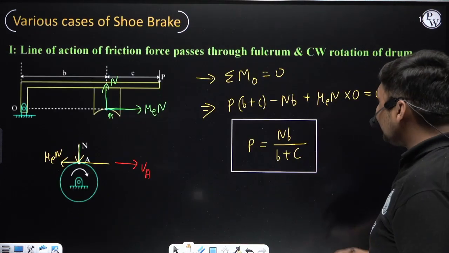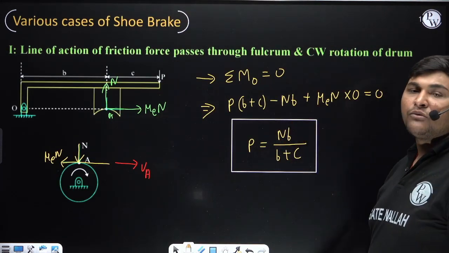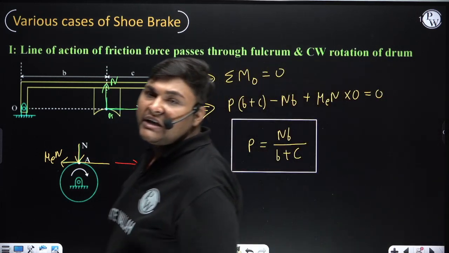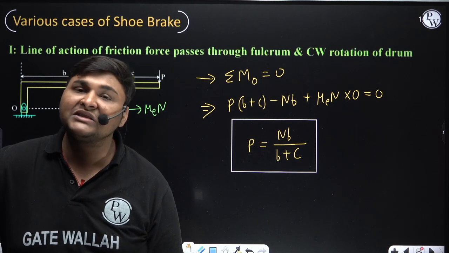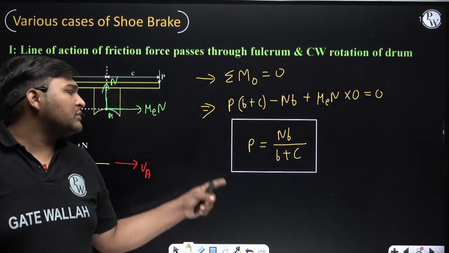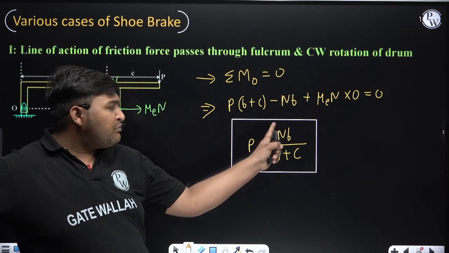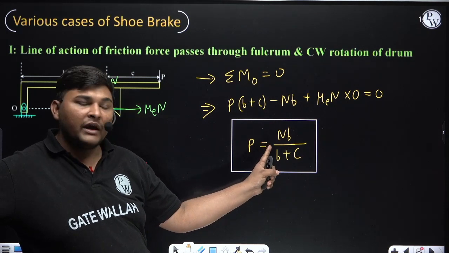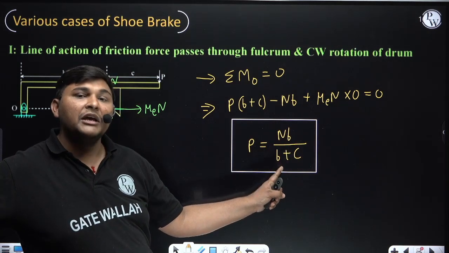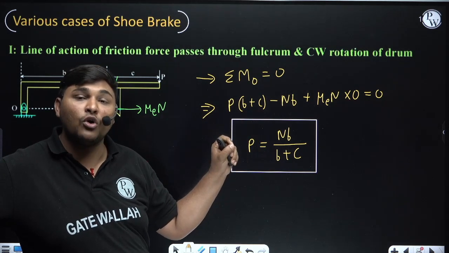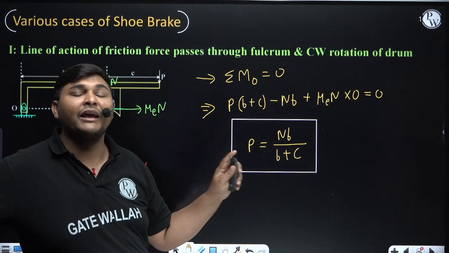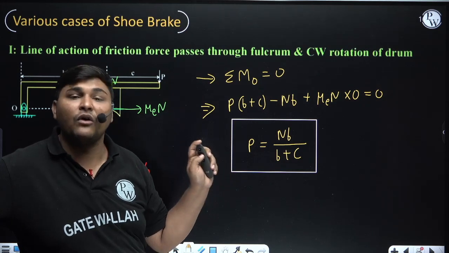No, this brake can never go into self-locking condition, because what was the self-locking condition? If P becomes 0 or negative, then that brake will come under self-locking condition. But here, from this relation you can see this portion is always positive, and no negative term is coming. This means braking effort can never become 0 or negative, so this brake cannot be in self-locking condition.